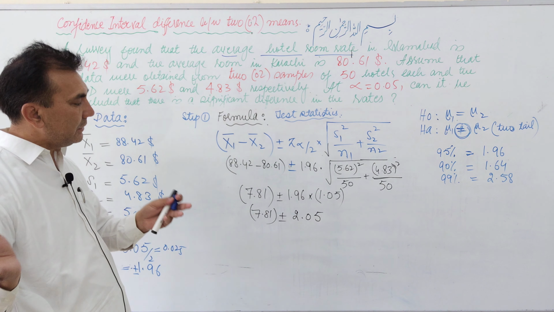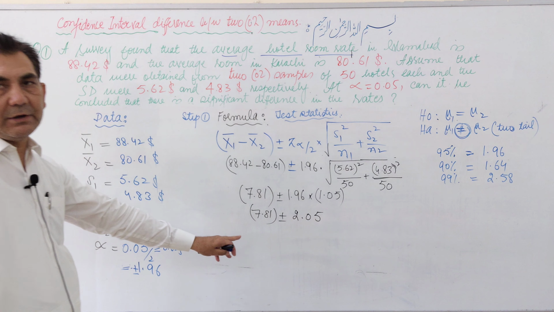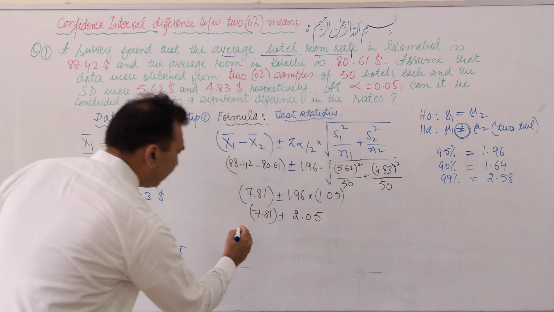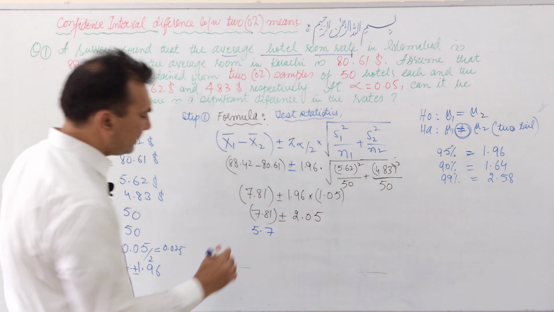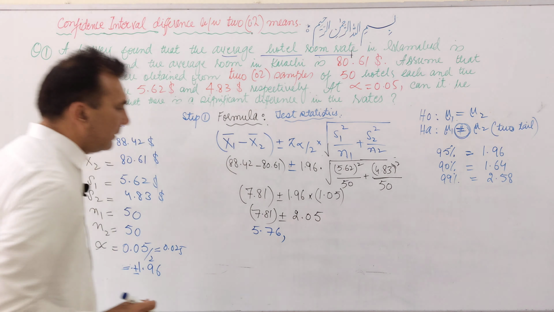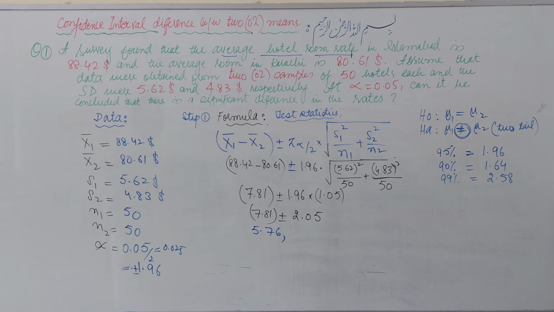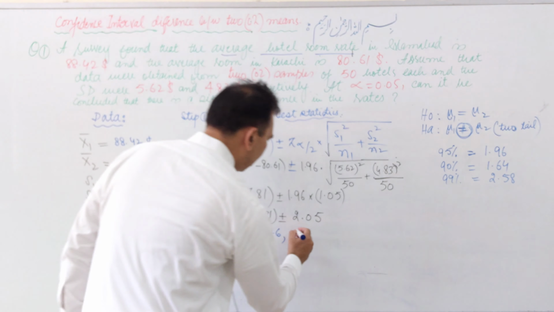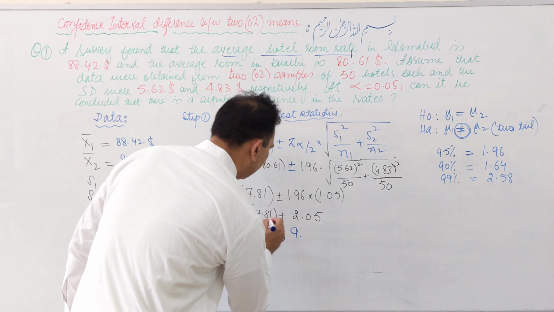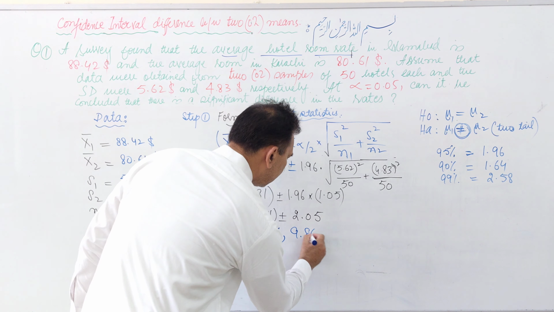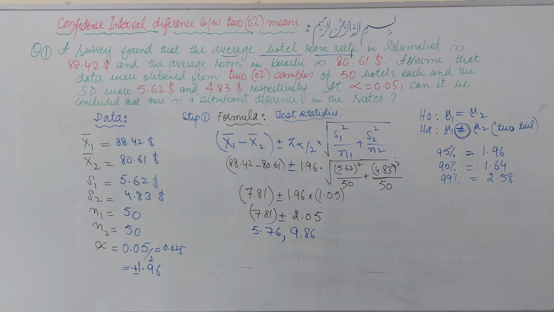If you subtract 2.05 from 7.81, it will come up with 5.76. Now the second time we will add, and it will come up with 79.86.